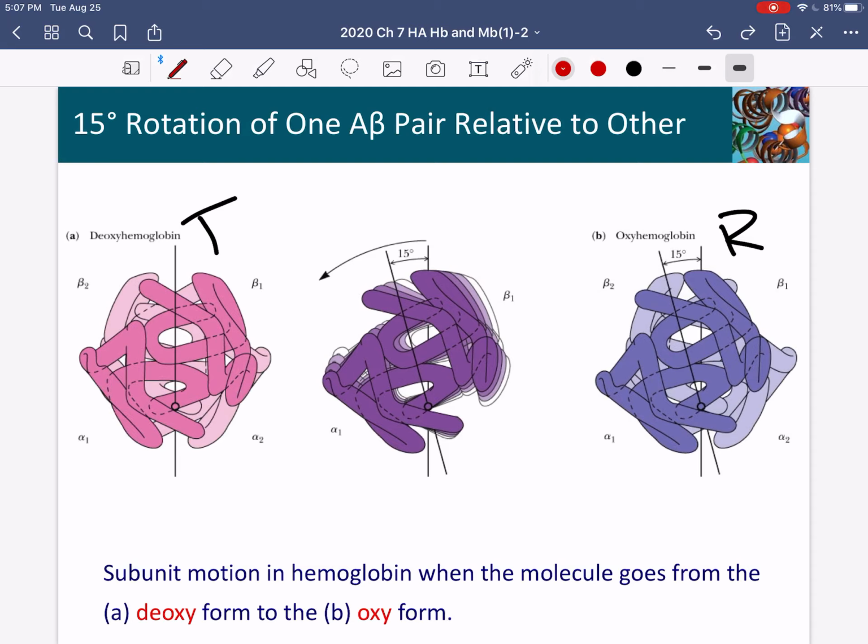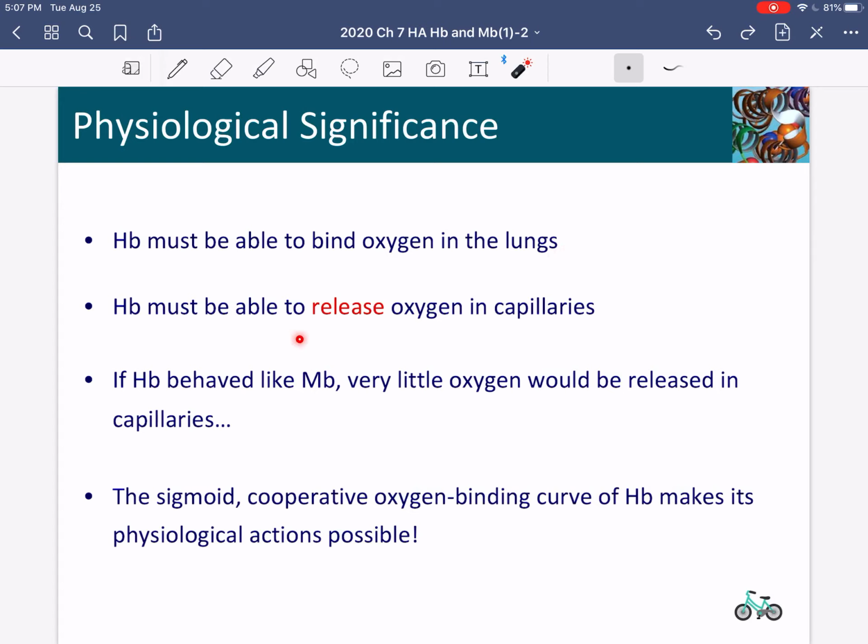So the physiological significance of all this, of course, has to do with their function. Hemoglobin has to bind oxygen in the lungs, which is easy for it to do because the oxygen concentration is so high that it converts the T state to the R state. But then it needs to be able to release the oxygen in the capillaries, something that myoglobin can't do.